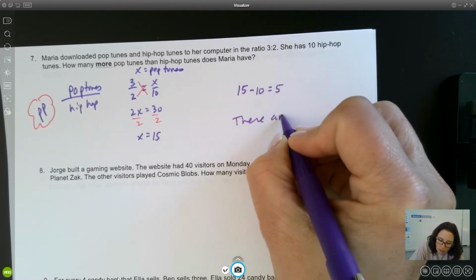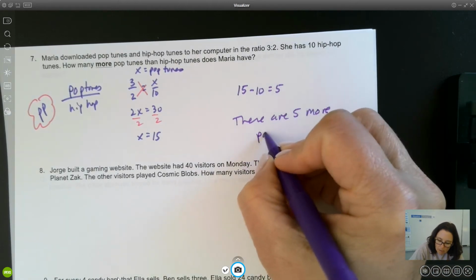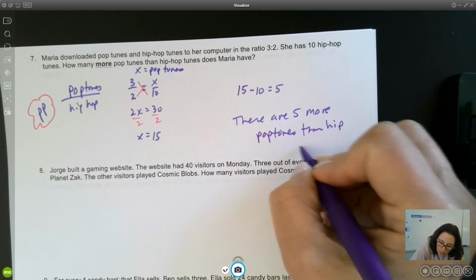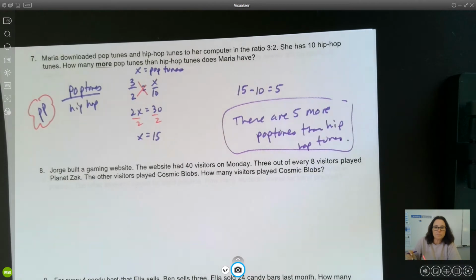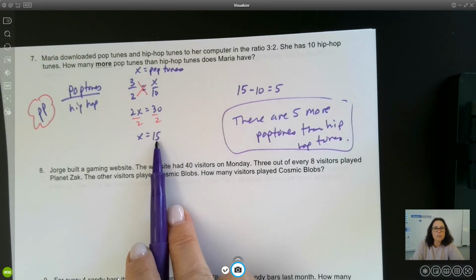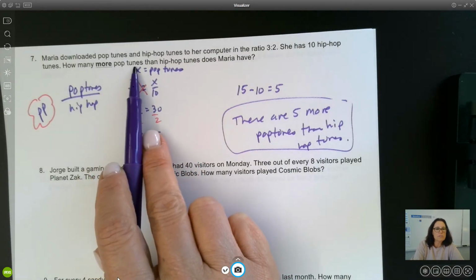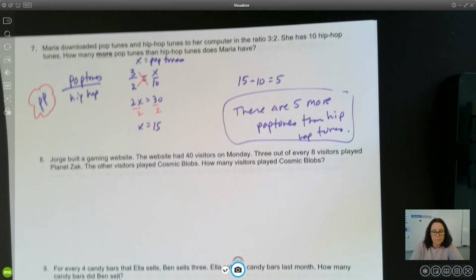There are 5 more pop tunes than hip hop tunes. Okay, so again, this is not the answer. You need to interpret it. This is the answer for pop tunes. It's not what they're asking for. They're asking how many more pop tunes are there than hip hop.